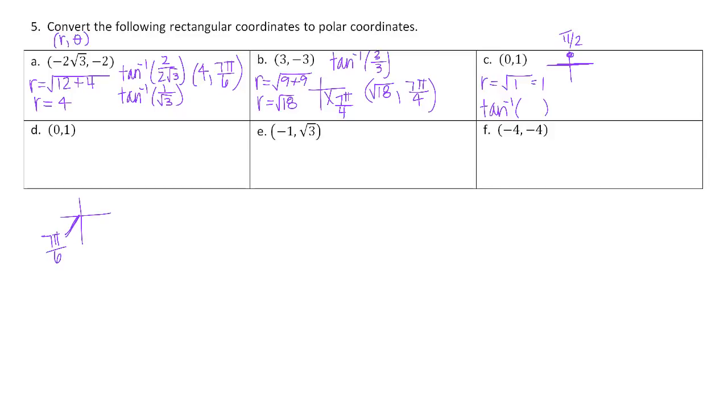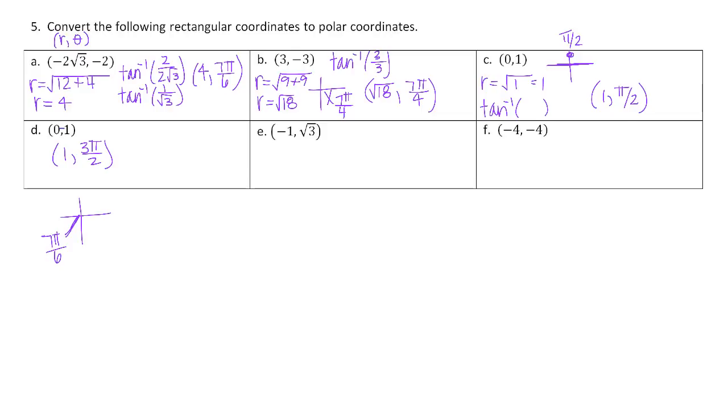So we very quickly see that our coordinates here would be 1 for our radius and pi over 2 for our angle. And then part D was a typo. It should have been negative 1 here. And so if that's the case, again, we would have 1 comma, and then this one would be 3 pi over 2.